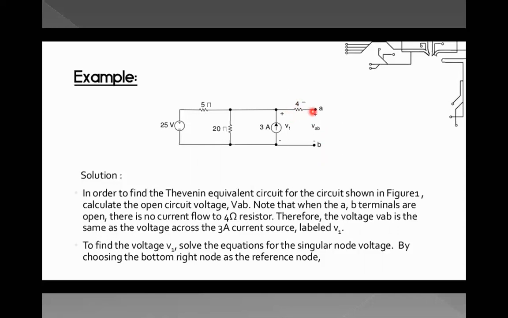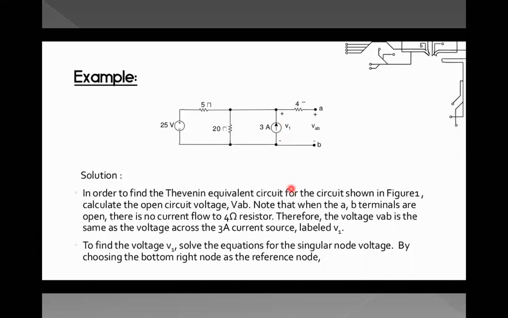If this is open, obviously there won't be any current through this branch. Therefore, the voltage VAB is the same as the voltage across the 3 amp current source. It means the voltage across terminals A and B is nothing but the voltage across these two points, across this 3 amp current source, labeled as V1.